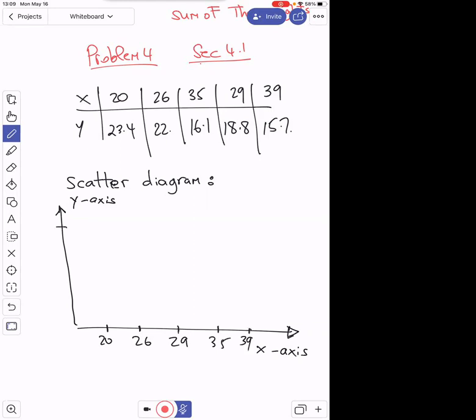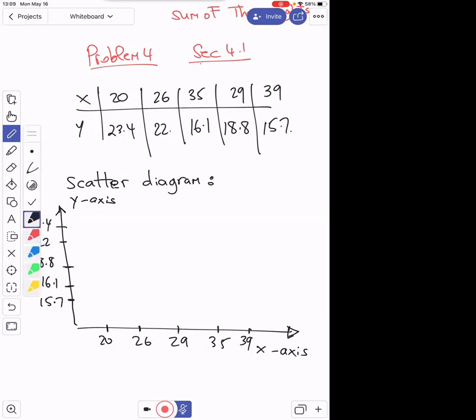And then for the y, the smallest y is 15.7. Then the next value is 16.1, then 18.8, then 22, and then 23.4, right?